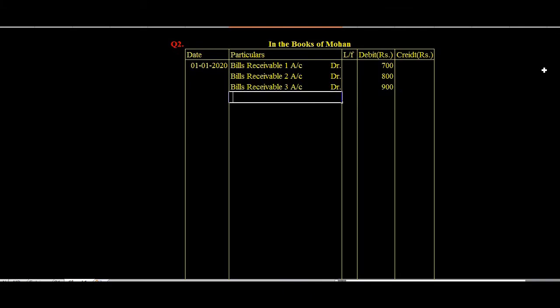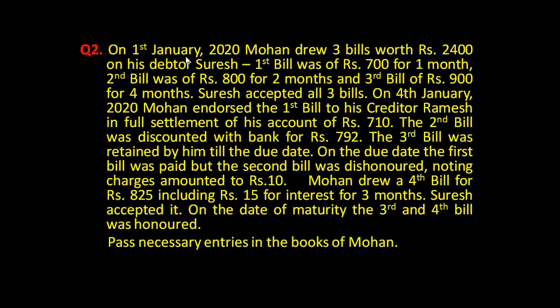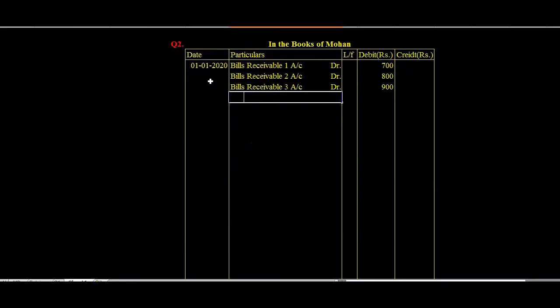And we are getting all these bills, guys. Remember, we are getting these bills from Suresh. So to Suresh's account, and the amount will be 2400. It's already given in the question. So our first journal entry is done.